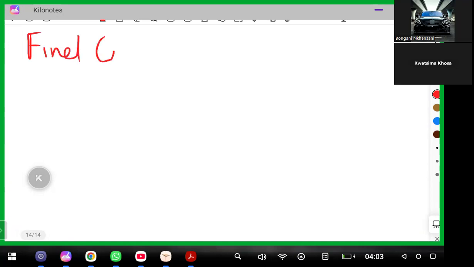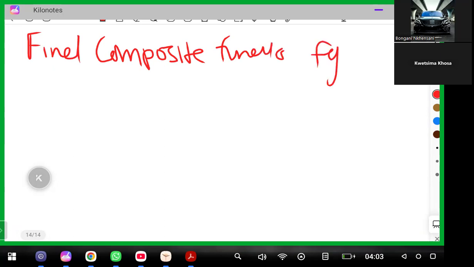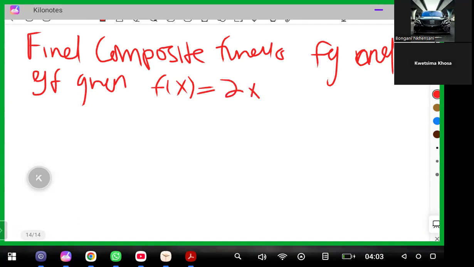If they say find the composite functions of fg and gf, given that f of x is equal to 2x squared plus 4. I'm running out of time, so I'm going to write it a little bit big. And g of x is 3x minus 1.